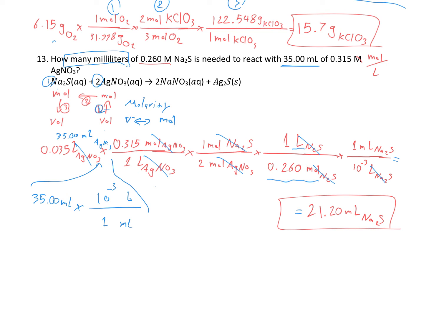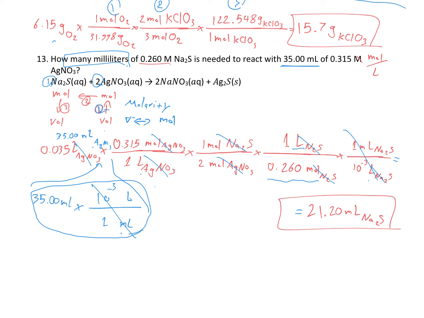Even though the milliliter doesn't cancel out with the liter of AgNO3, we have one conversion from milliliter to liter, and in the end we have another conversion from liter to milliliter. So these two cancel out together, and then you get a milliliter. So even though the milliliter of silver nitrate doesn't cancel out with a liter of silver nitrate, in the end this liter-milliliter thing will cancel out.